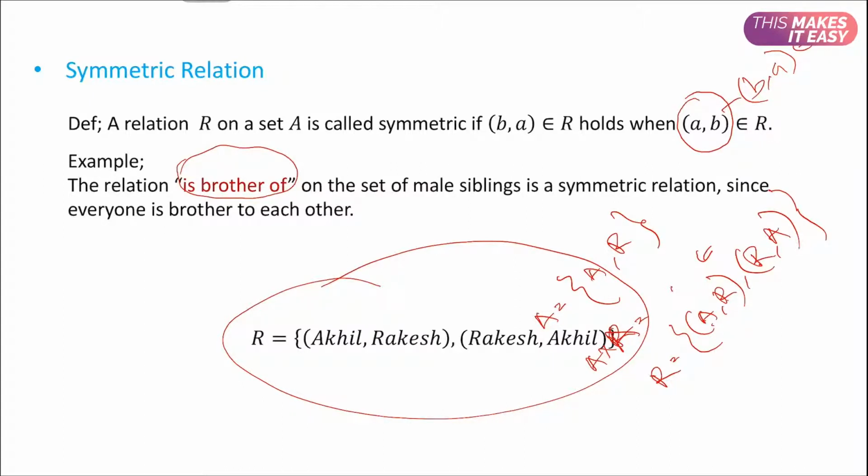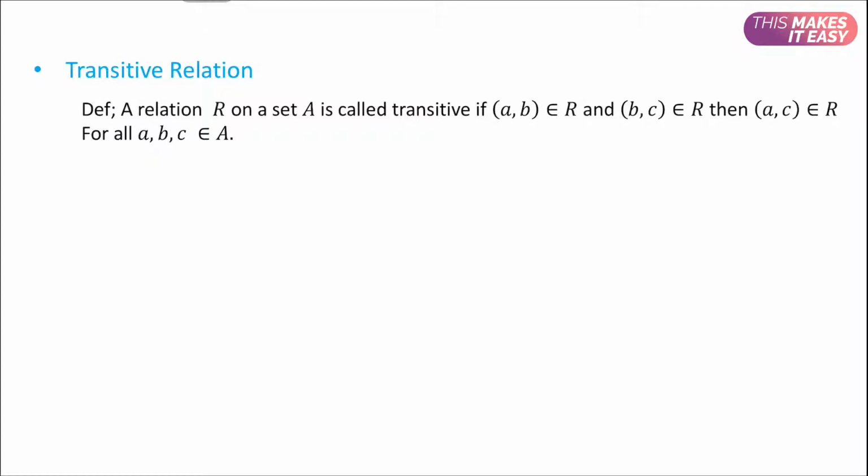Now let us look at what a transitive relation is. A transitive relation says that a relation R on a set A is called transitive if the pair (a, b) is an element of R and the pair (b, c) is also an element of R, then the pair (a, c) is an element of R for all a, b, c in A. Basically here we have three pairs.